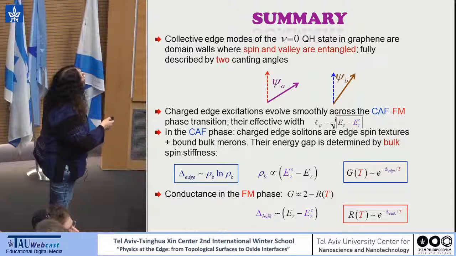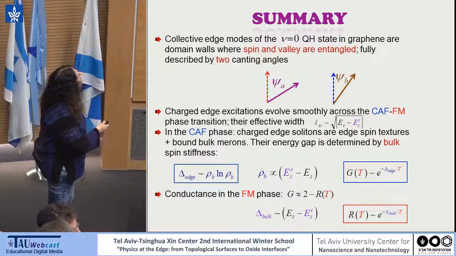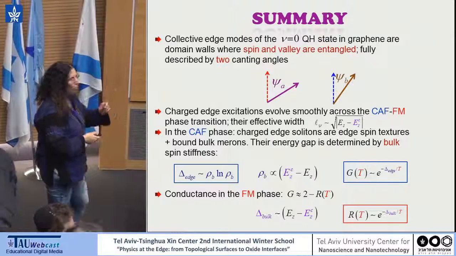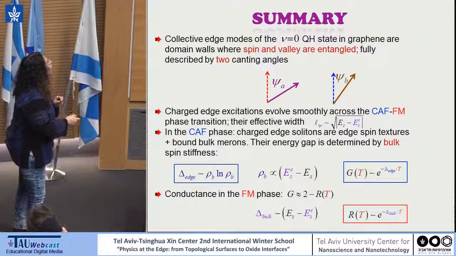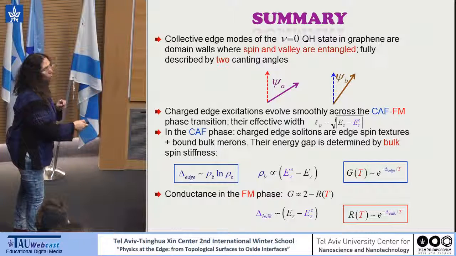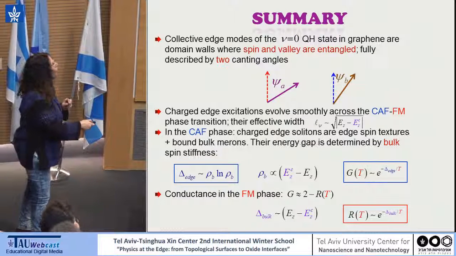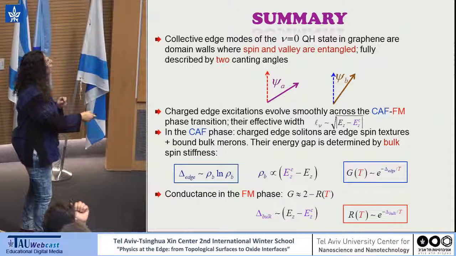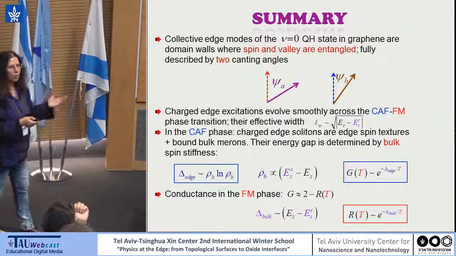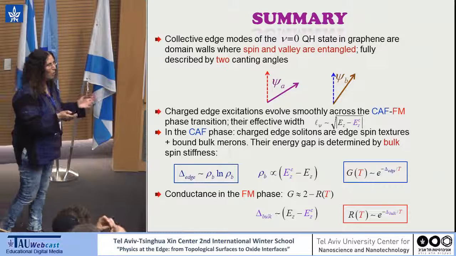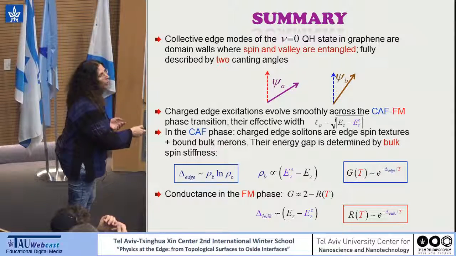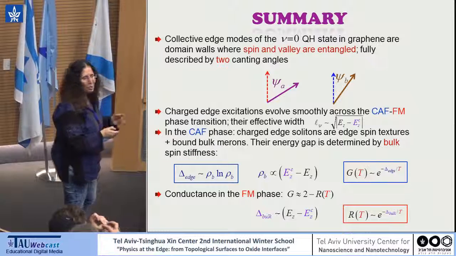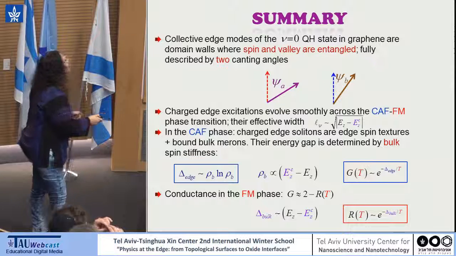These collective edge modes attach to domain walls in the spin configuration near the edge. They have an effective width which diverges near the transition, and this is, by the way, something that would be very nice to see in some experiment that can measure where the current flows. So just for all of the people here who do scanning of various kinds.